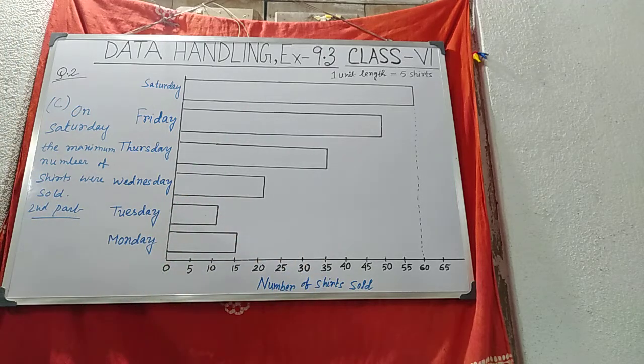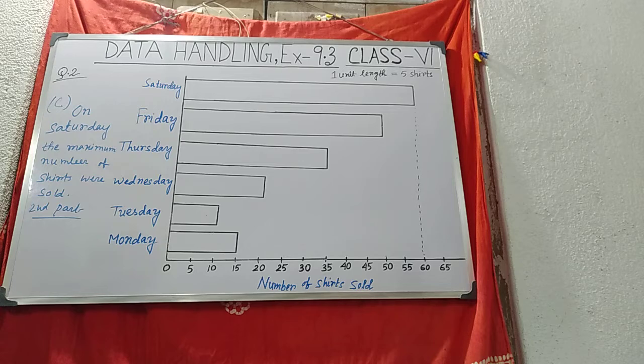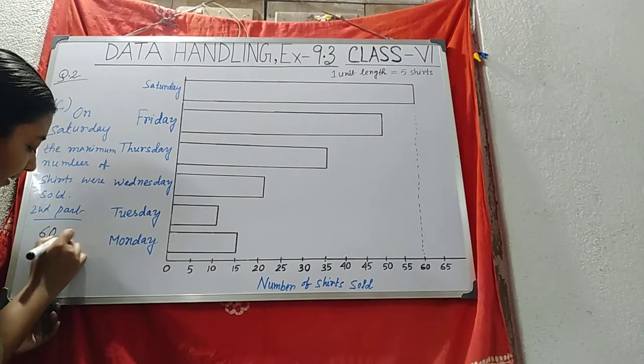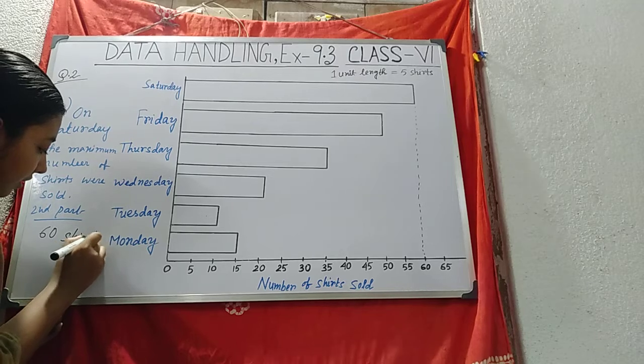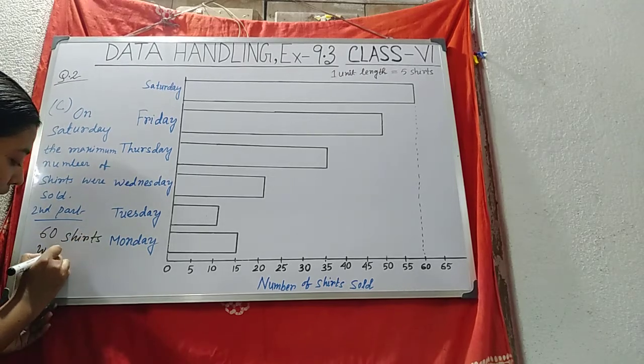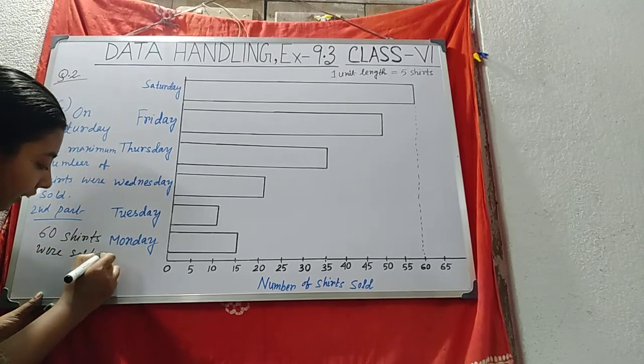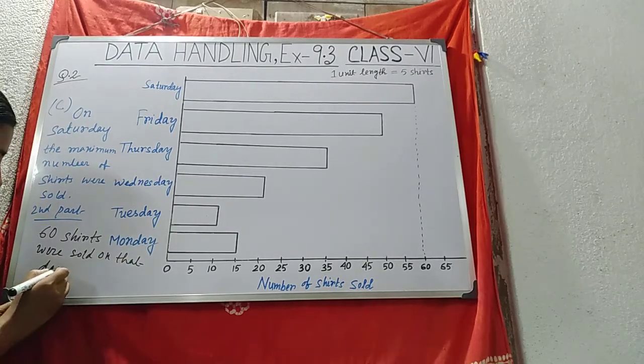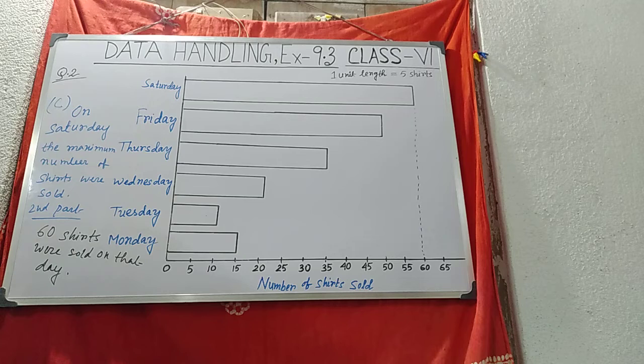So for the answer it will be 60, meaning 60 shirts were sold on that day, on Saturday. Now we move to our next question.